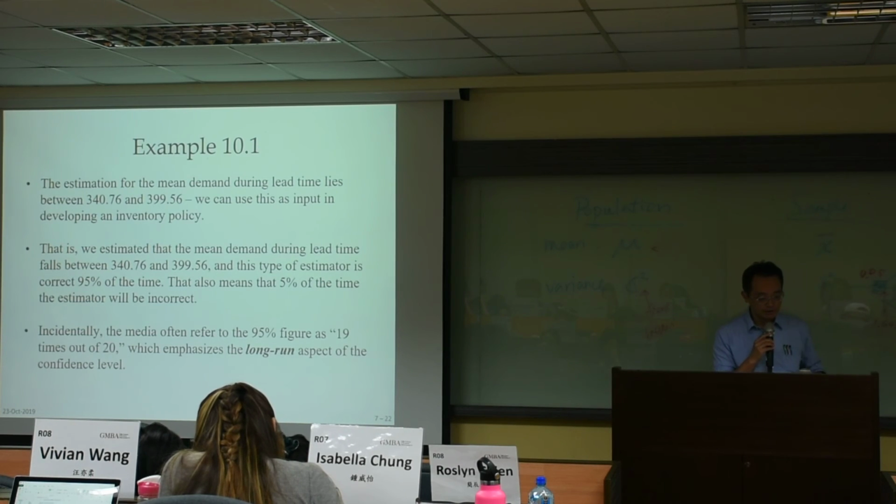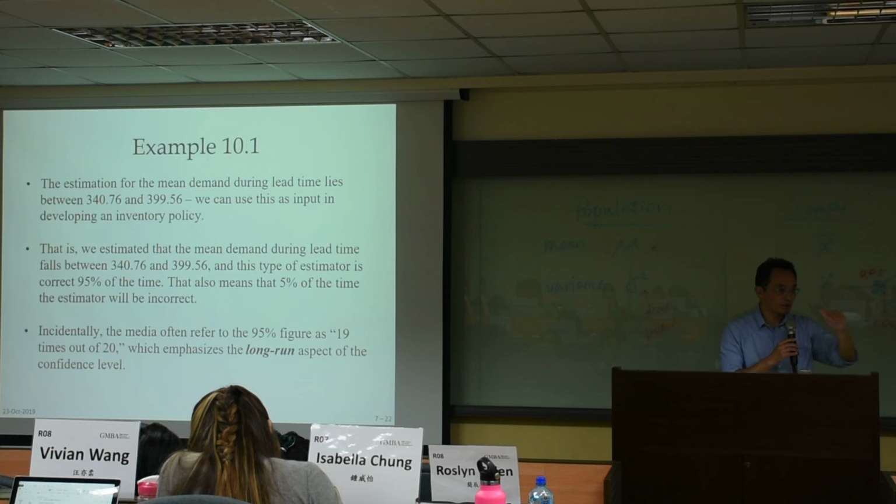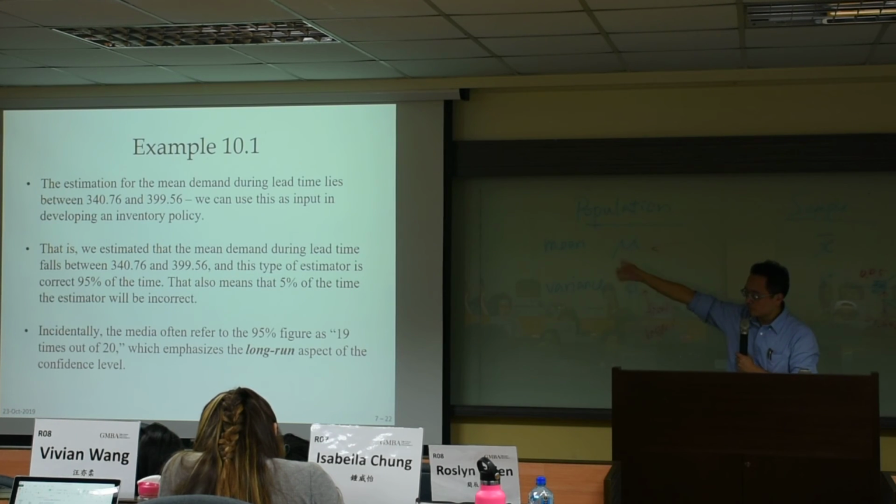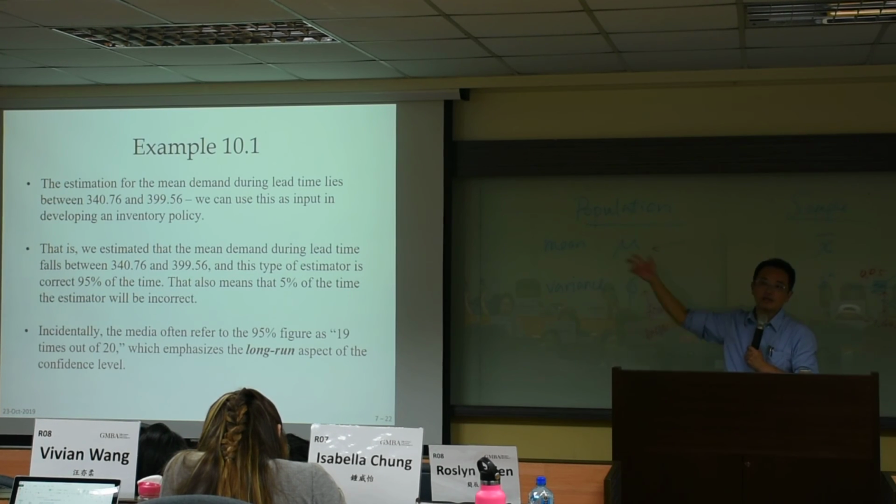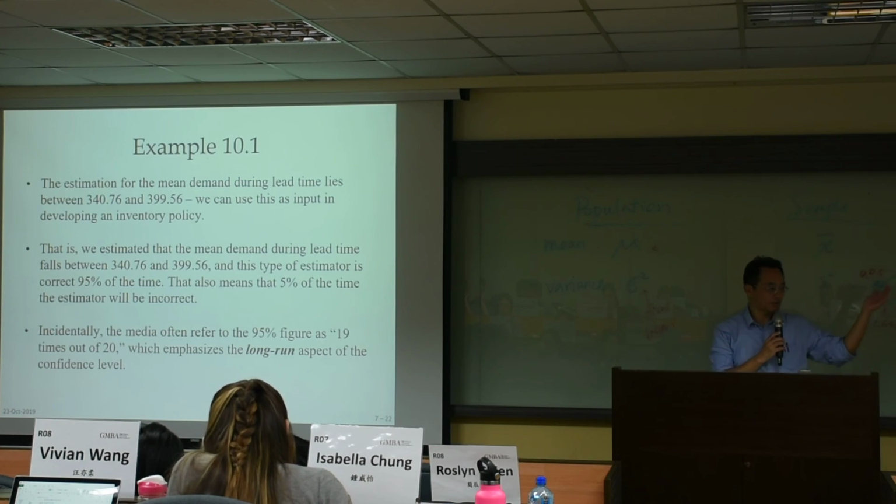So we can use this as input in developing an inventory policy. The inventory policy that we're going to learn in SOM will start from here. You have to collect samples, collect data, and do some statistical work like this. Given this information, you will be able to develop an inventory policy.